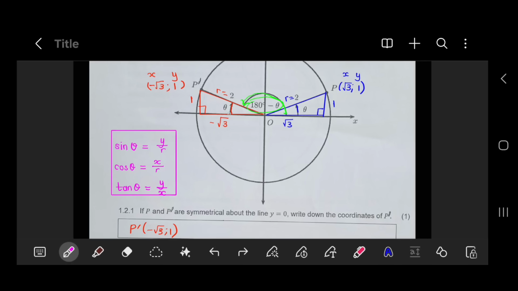Now, in terms of theta, we would have opposite over hypotenuse. However, we are no longer working with 180 minus theta. Remember, we're working with theta itself. So in terms of theta, to get 1 over 2, opposite over hypotenuse is sine theta.